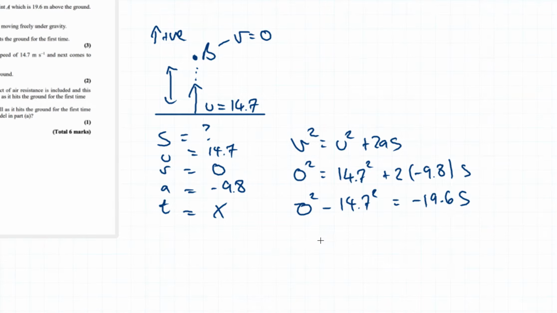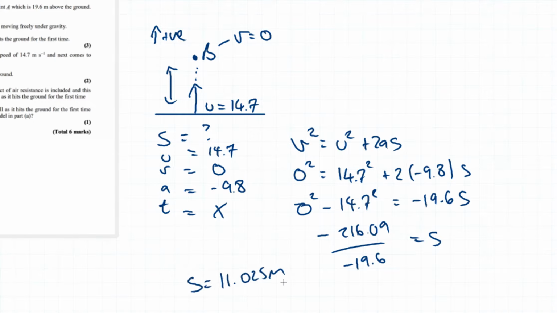This ends up being minus 216.09 divided by minus 19.6 is equal to s. Plugging that into the calculator, you get a final value of s equal to 11.025 meters. So around 11 meters is what we will get.